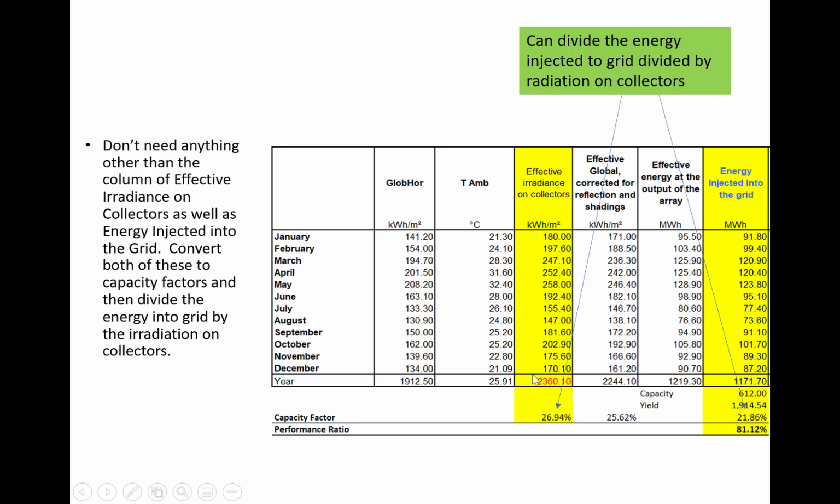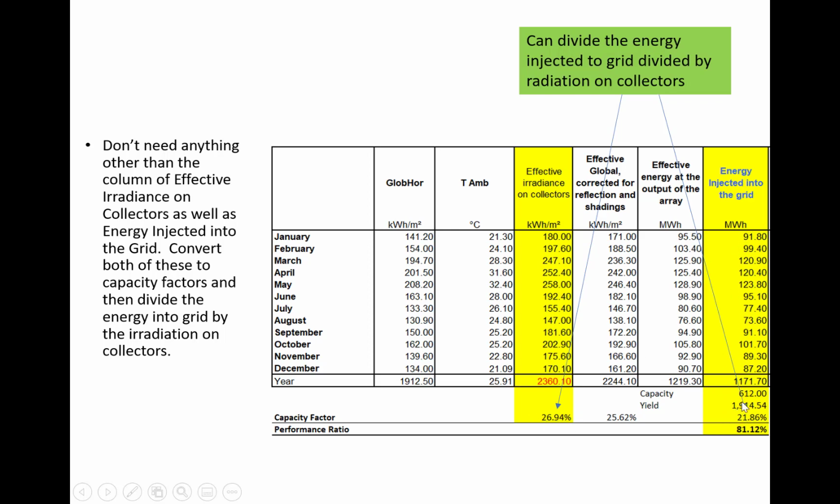And what you can do is take this number, divide by 8,760, divide by 1,000, multiply by 1,000, and then you get the capacity factor. That's one way to do it. This is the capacity factor if there was nothing, if it was purely the irradiance on the collectors. And then you got the energy injected to the grid.